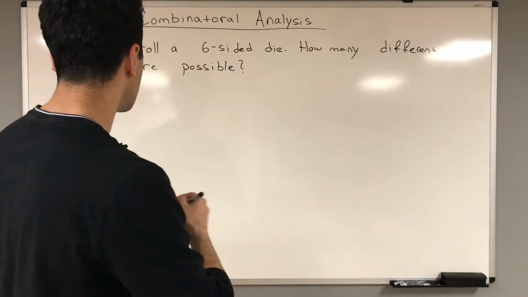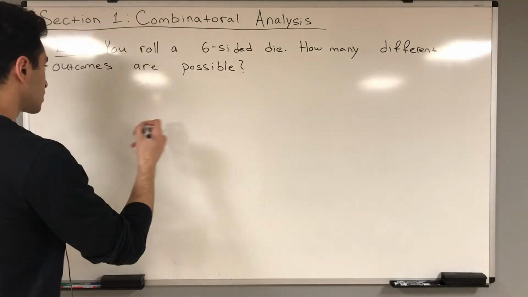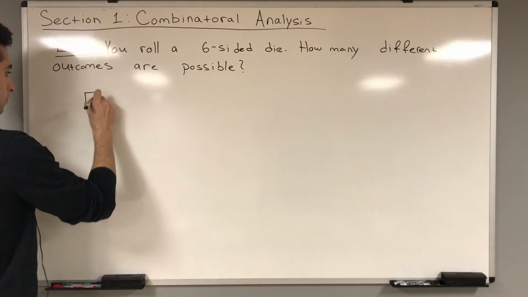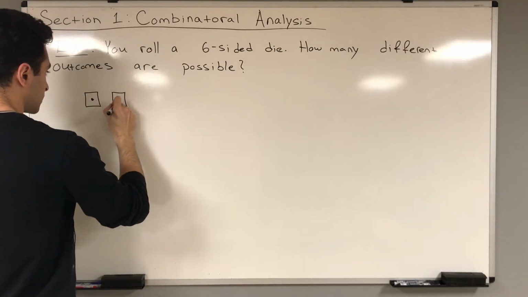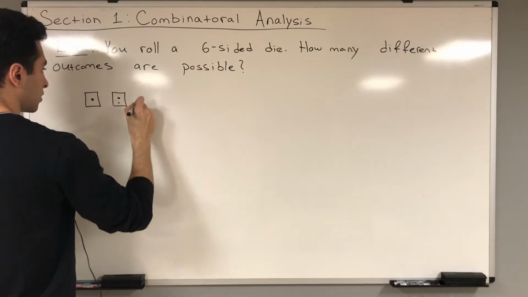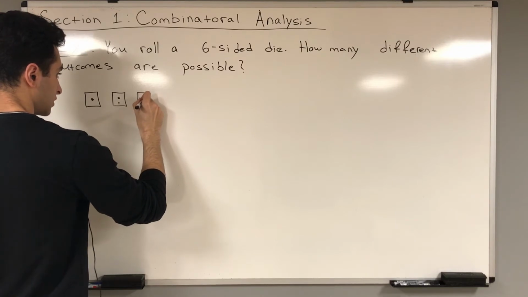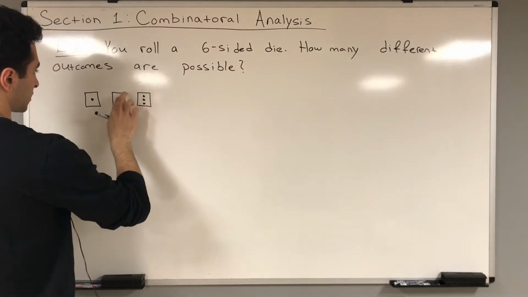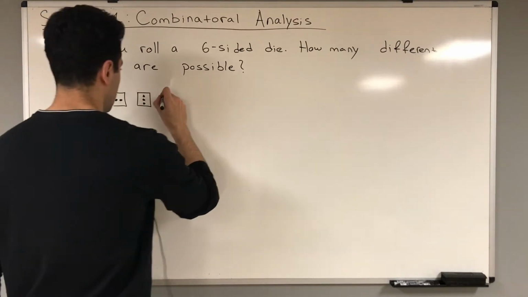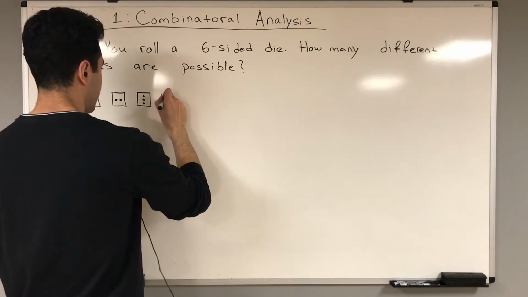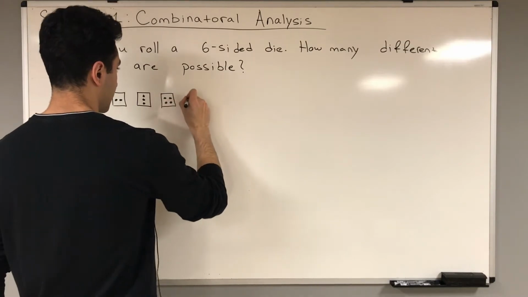So what I'm going to do is, I'm going to actually draw all the faces so we could actually see how it looks, right? So we have one face with one dot. Then we have the second face with 2 dots. The third face with 3 dots. I think it doesn't really matter how it looks, but then we have the 4th face with 4 dots. The 5th face.